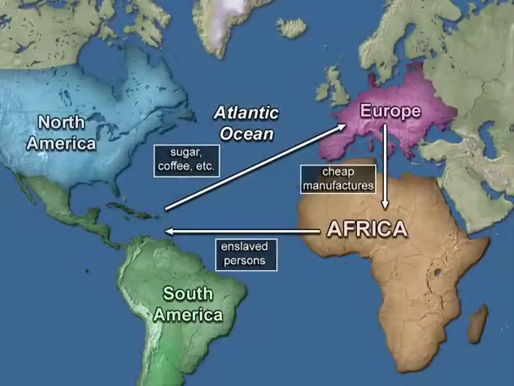So West and West Central Africa came to play a crucial part in the Atlantic system, the provider of enslaved labor upon which the wealth of the system depended. Again, to go back to sort of middle school social studies, where you may have read of the old triangular system of cheap manufactures going from Europe to Africa, enslaved persons going from Africa to the New World, sugar and coffee and so forth coming back to complete the triangle to Europe.